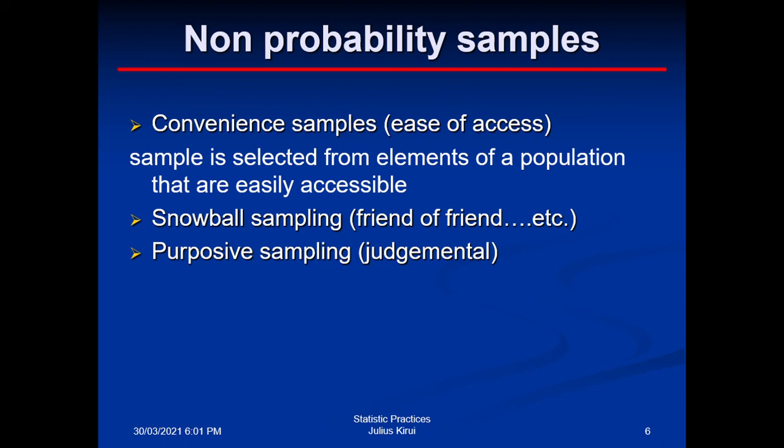Now, purposive sampling. Purposive sampling is on the basis of purpose. Your purpose is based on your personal judgment. How are you choosing a particular sample? Your choice is based on your personal judgment, your decisions.